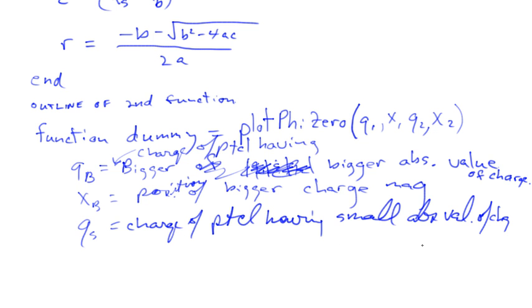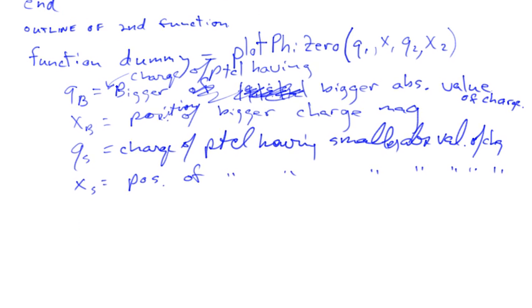Alright, charge of particle having smaller absolute value of charge. And then this is position of the particle having smaller absolute value of charge. Alright, so in other words, I got to get them sorted out, get them in order, because the other function needs them in order, assumes for them to be in order.